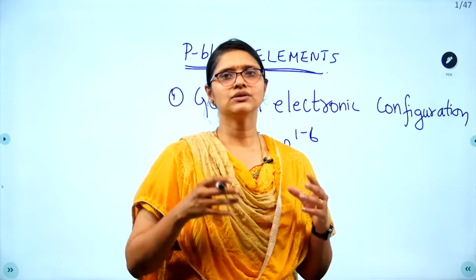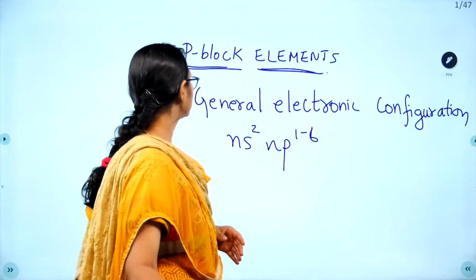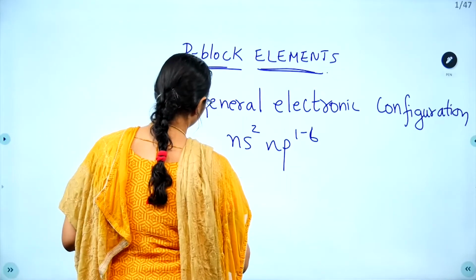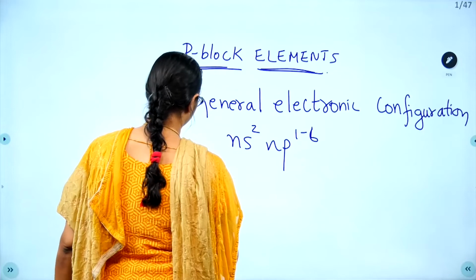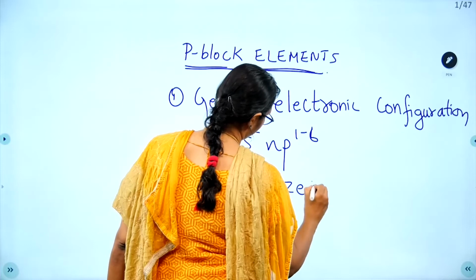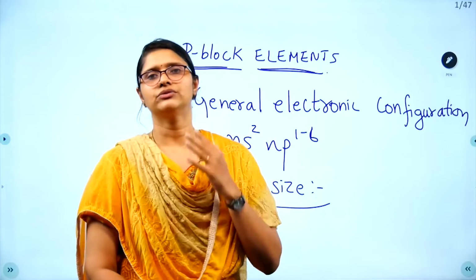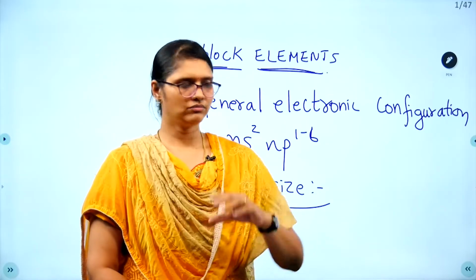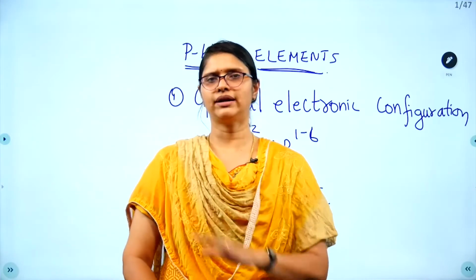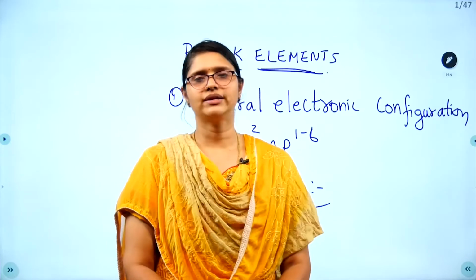Is that okay? Now let us see the properties one by one. What happens to the atomic size? When we go along the period, the electrons are added to the same shell. The number of shells remains the same, but electrons get added, and the number of protons also gets added simultaneously.